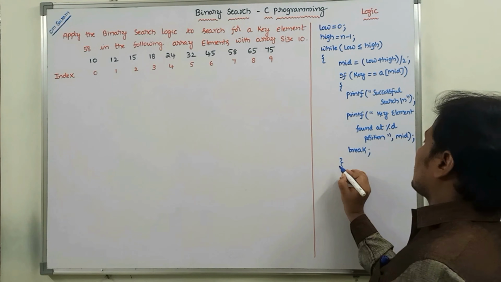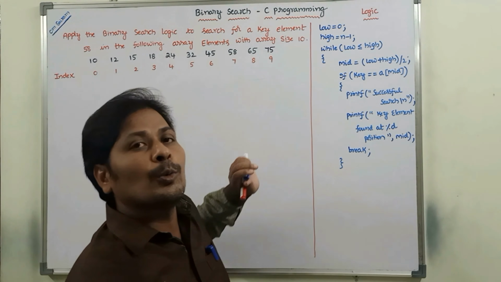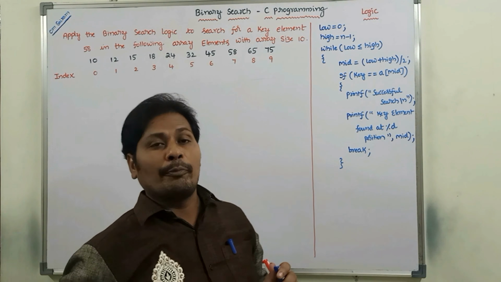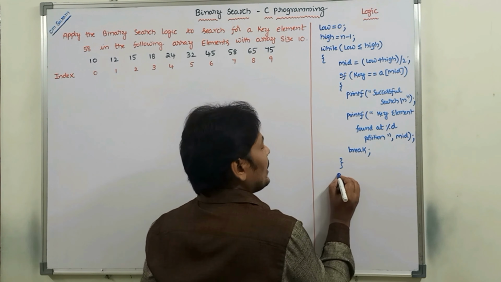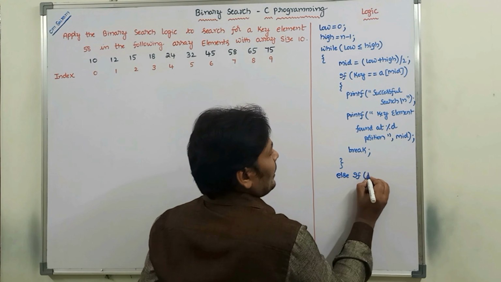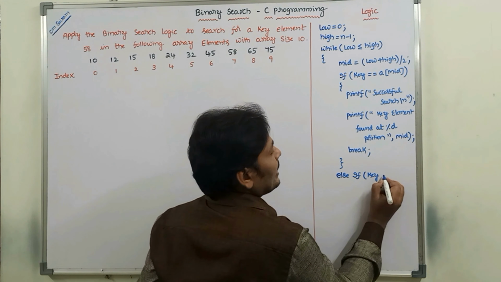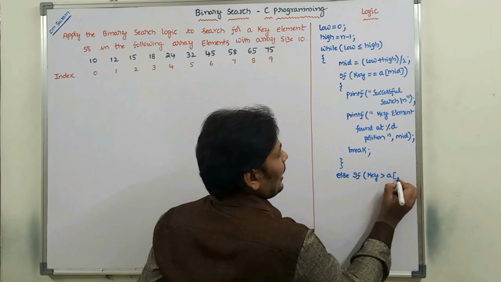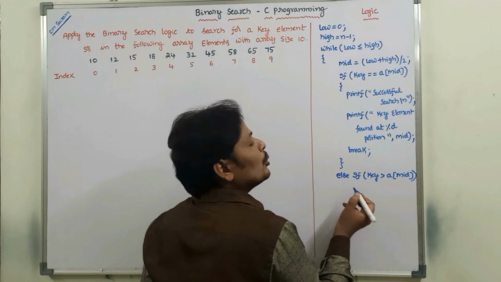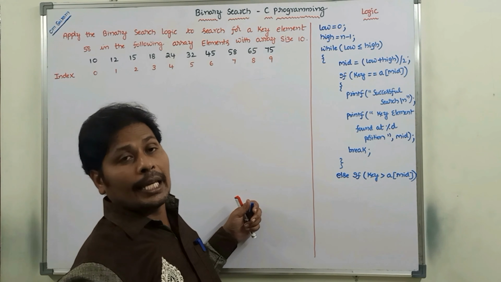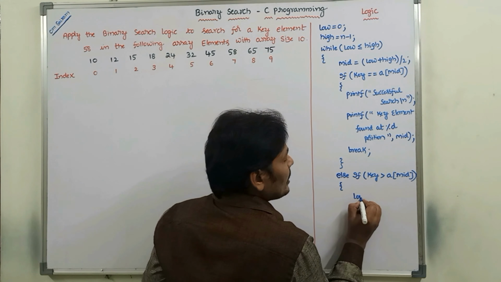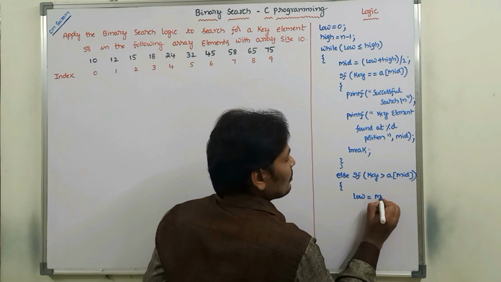Next, suppose the key value is not equal to A of mid value, then we can go for else if. Else if key value is greater than A of mid value, then low is equal to mid plus 1.